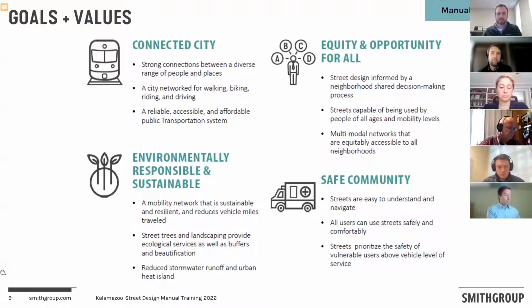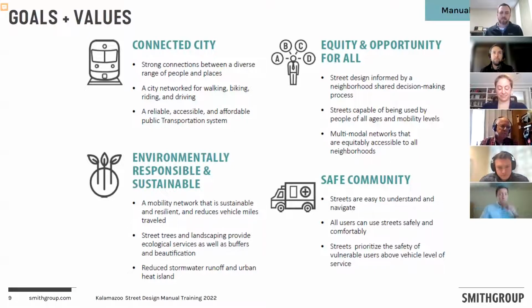It's tailored to what we want to see in the city, and the guiding process is built on these values and goals that are espoused in many places throughout the city and by elected officials, city staff and the public, but also laid out specifically in the Imagine Kalamazoo 2025 master plan. We keep harping on that, but you will see that throughout this manual, that reflection of these goals and values.